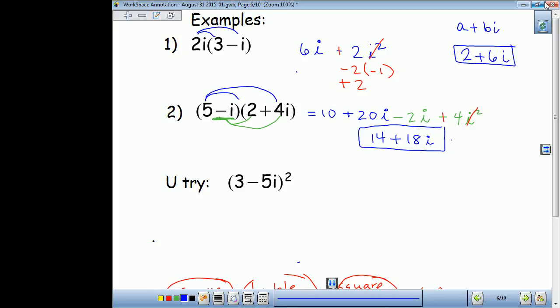We had a little chant also. Square the first, double the second, square the last. Students try to recall it: square the first, double the product, square the last.